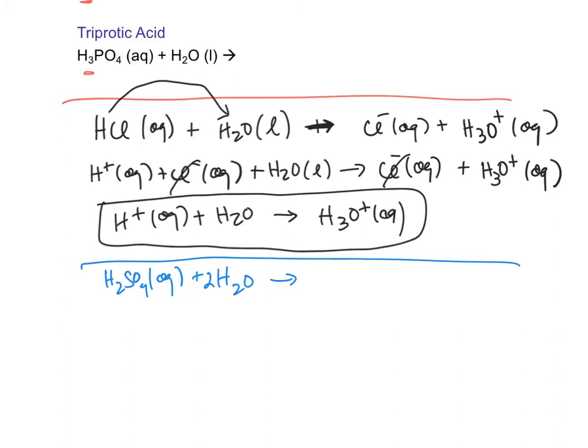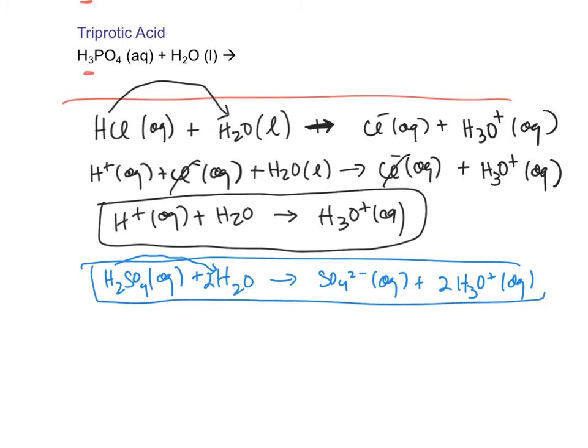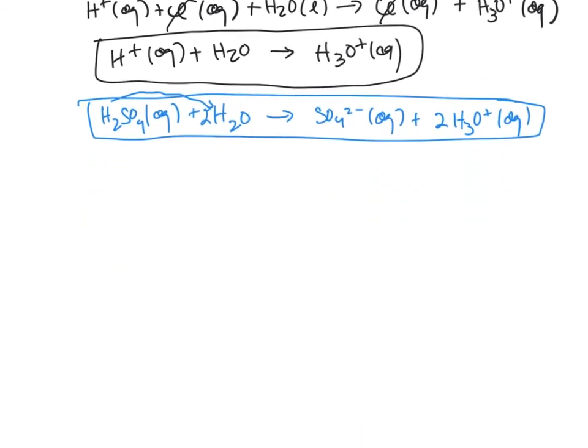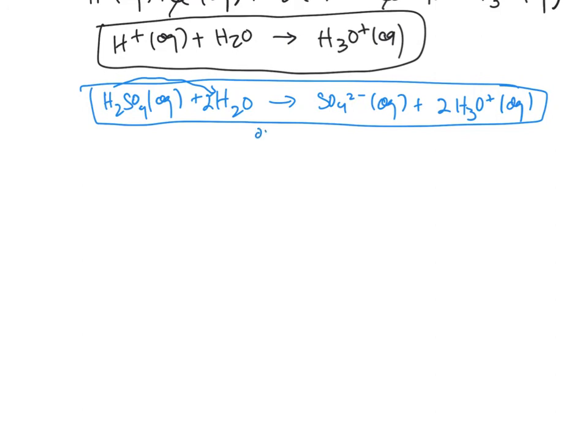And you're going to form sulfate, 2 minus, plus 2 hydronium ions. So one at a time, you've got the H plus coming over to the water. So this is kind of the overall reaction, but if you want to look at the stepwise process, that gives you more insight into it. So this would be the overall reaction.